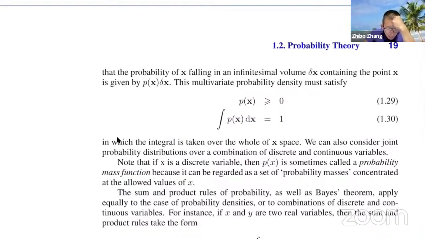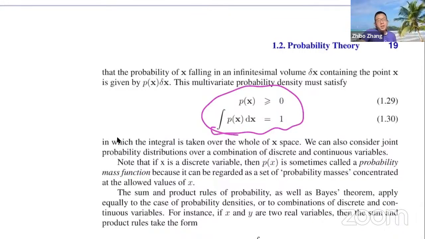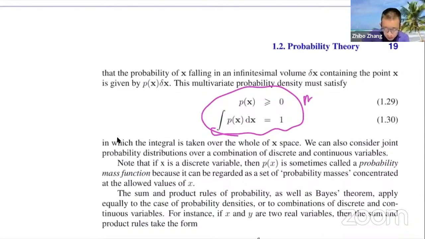This multivariate probability density must satisfy these two equations. Again, at any given point, the density value should be non-negative.